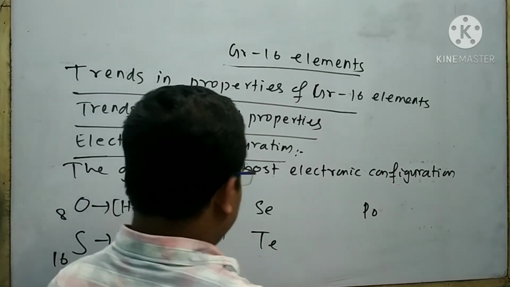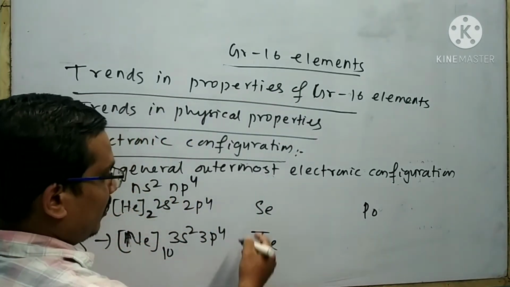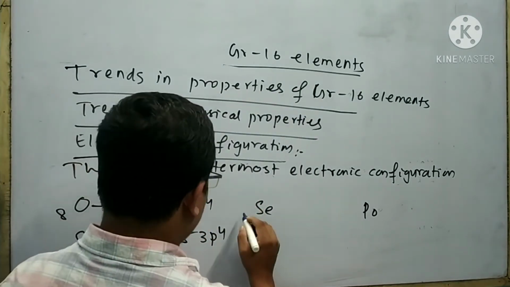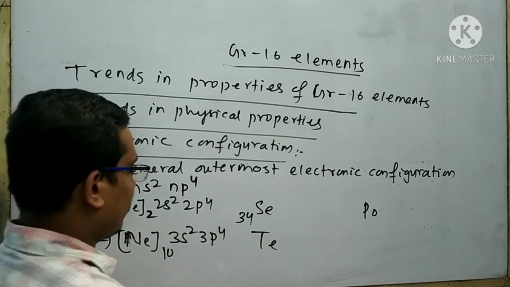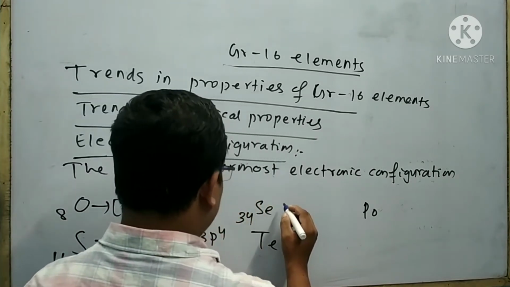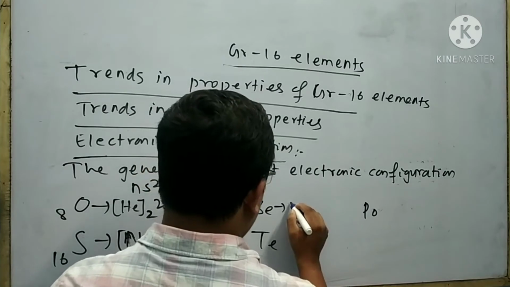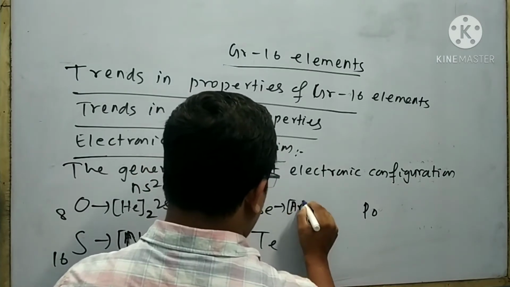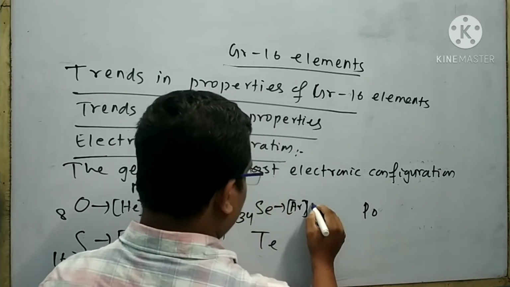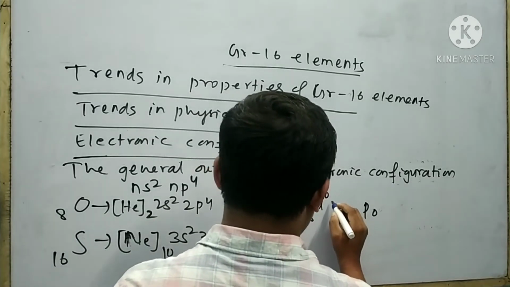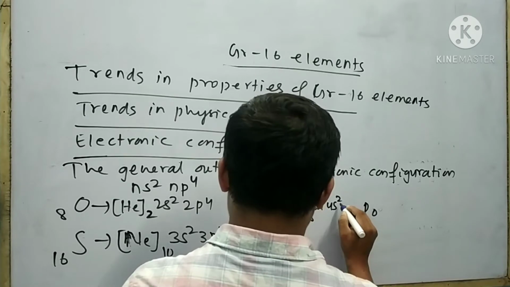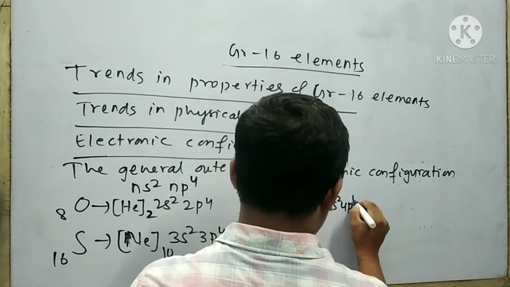Next is selenium, which has atomic number 34. The electronic configuration of selenium is argon 18 3d10 4s2 4p4.